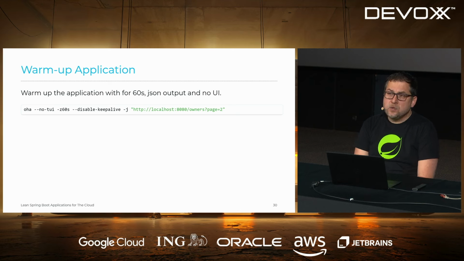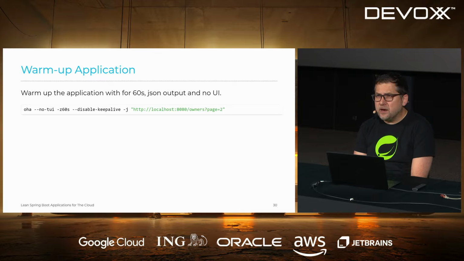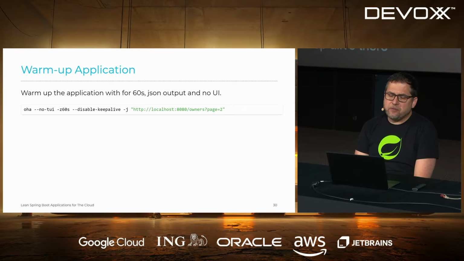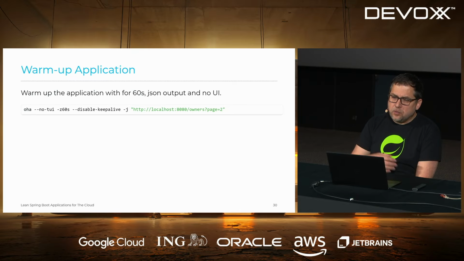I say no UI at all. I disable keep-alives, so every request gets a new connection. That's more like real life than just running the test from one single machine. And then I want to have the JSON output at the end. These are just the commands. We'll probably see them later, depending on how much time we have.